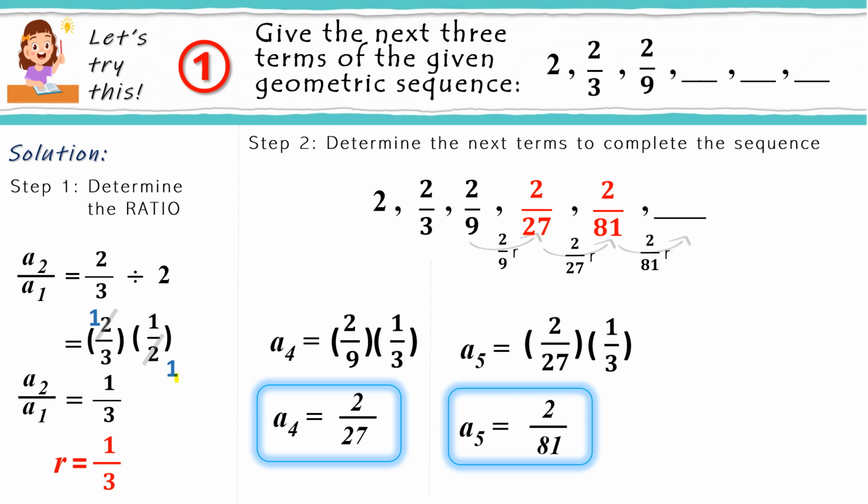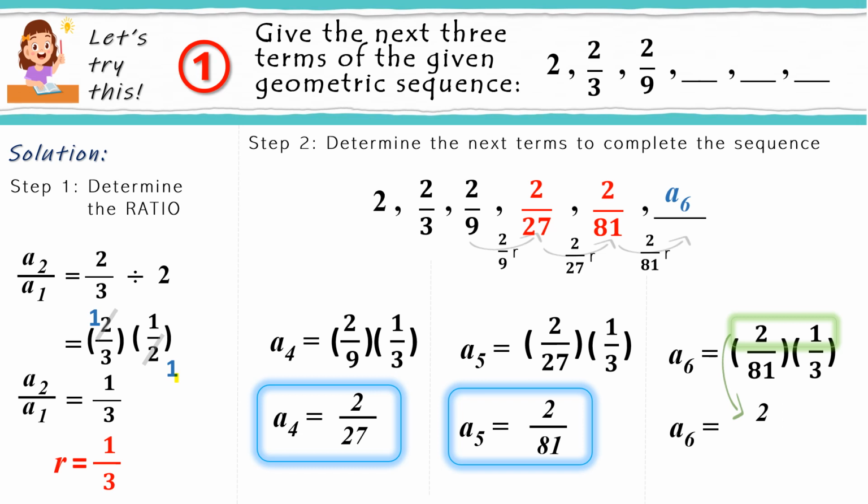Next, ang atin naman na a sub 6, ang pangatlong nawawalang term na kukumpleto sa ating sequence ay makukuha by multiplying our a sub 5 and the ratio, which is a sub 6 is equal to 2/81 times 1/3.